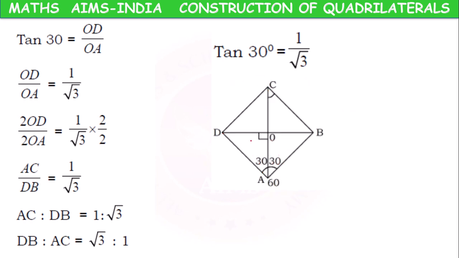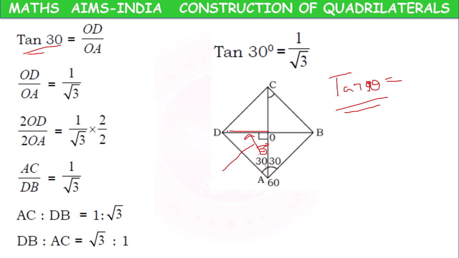Now if you take this triangle, we can take tan 30 in trigonometry. Tan theta is the ratio of, suppose if this is theta, the side opposite to theta by the side adjacent to theta.